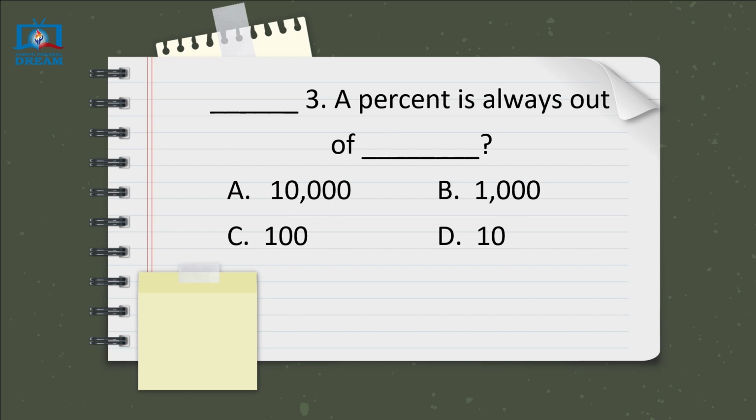Number 3. A percent is always out of blank. A. 10,000. B. 1,000. C. 100. D. 10.